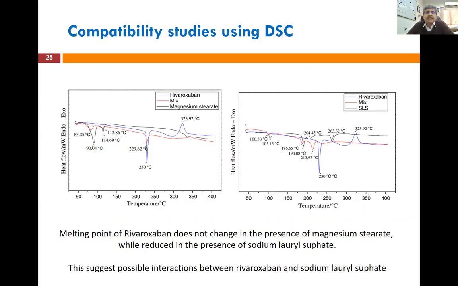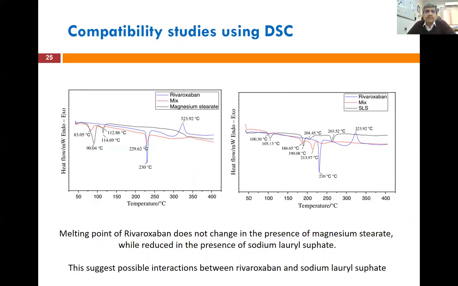Normally, the compatibility studies are carried out using isothermal stress testing, where the drug, excipient, and the mixture of drug and excipient are stored at a particular temperature, like 40 degrees Celsius and 75% RH, and at different time points like 1 week, 2 weeks, 3 weeks, and 4 weeks. The samples are analyzed for assay value and physical attributes.